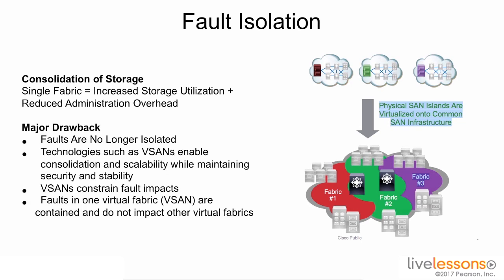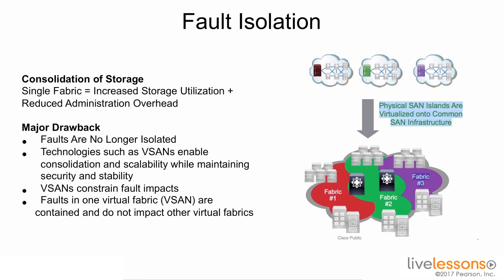However, there are some drawbacks to it, and they need to be considered. If you were to take multiple SANs and move them onto a single fabric, your faults would no longer be isolated. There are technologies such as vSANs that enable consolidation and scalability while maintaining security and stability.